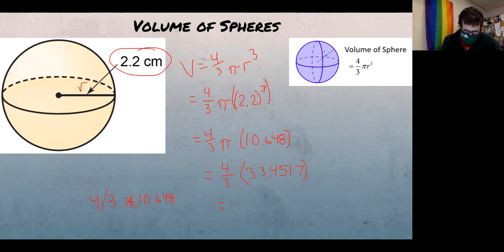And when I do that, I get 44.6023, which when we round it, we get our 44.6 centimeters cubed.